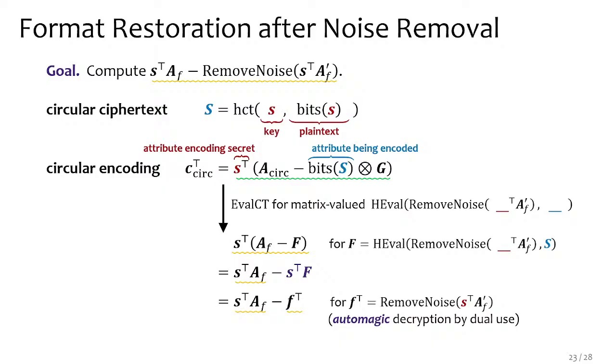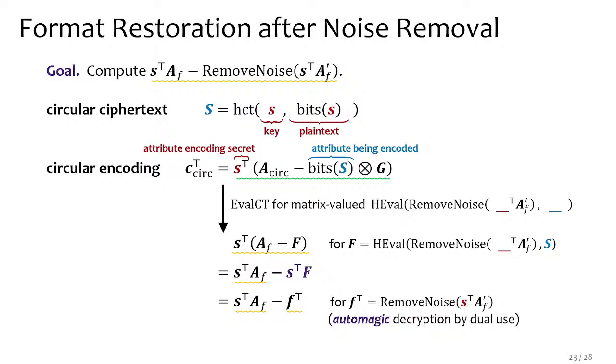And this something is the plaintext under the ciphertext big S, therefore it's the little s. And this is known as the dual use technique in BTVW, and I call it automagic decryption. Okay, so we have finished the task of restoring the format because we have computed SAF minus the remove noise function.